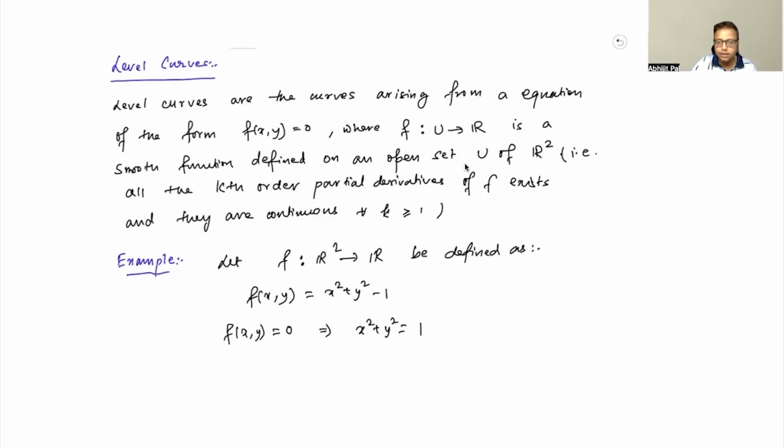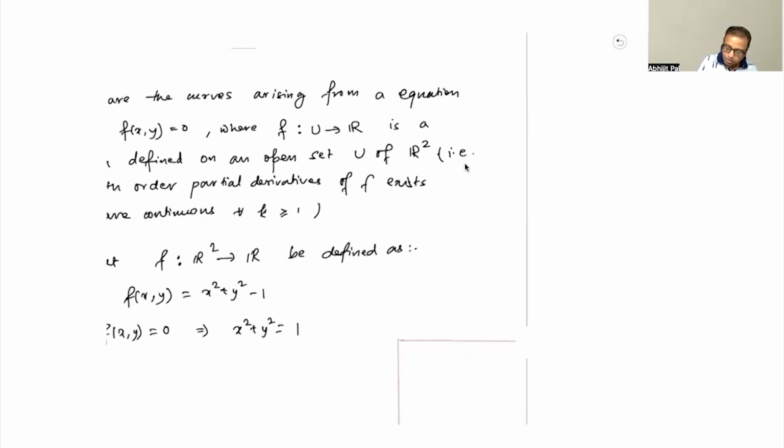Note that f(x,y) = 0 will not always represent a curve. For example, instead of x^2 + y^2 - 1 equal to 0, we can take g(x,y) = x^2 + y^2.